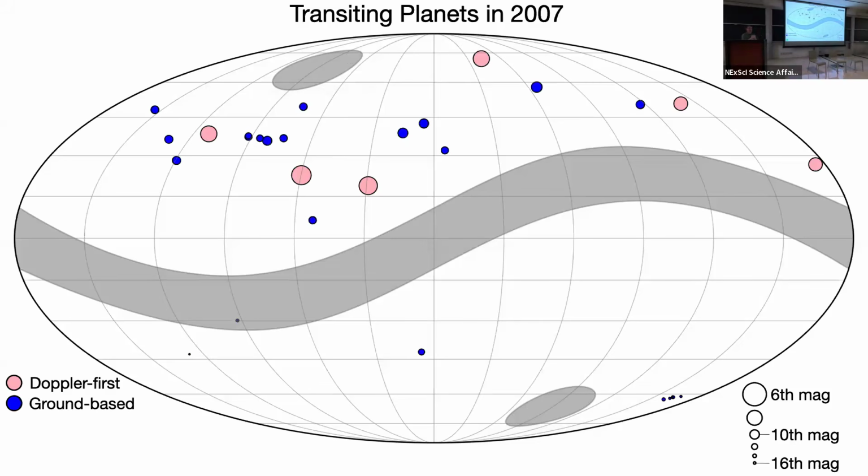You can see here that they tended to concentrate on the northern sky. By the way, in these diagrams, the color of the point will tell you what kind of survey was responsible for the detection. And the size of the symbol, like on a star chart, tells you the brightness, the apparent magnitude of the host star, which is so crucial for determining how much we can learn about that planet.